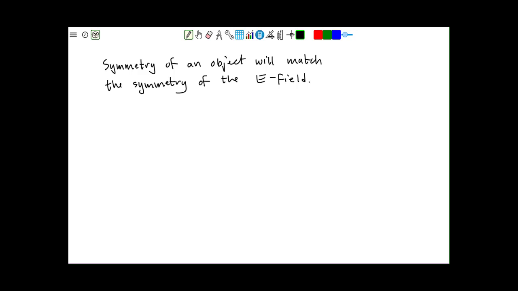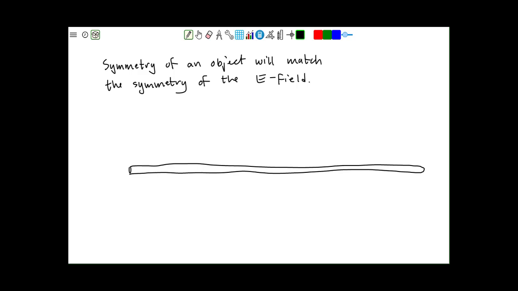Let's take a very long wire. Now, this very long wire, we could say, is cylindrically symmetric. This wire is so long that any object on top of it, that wire would seem to be infinitely long. It is so long.